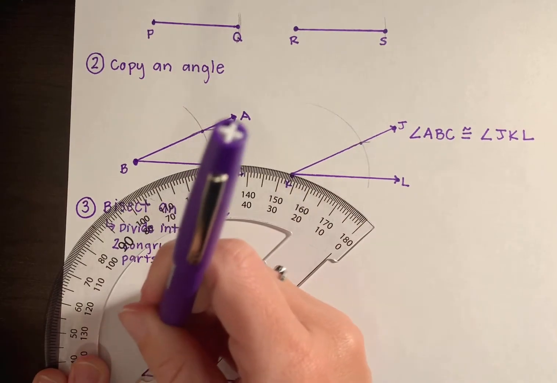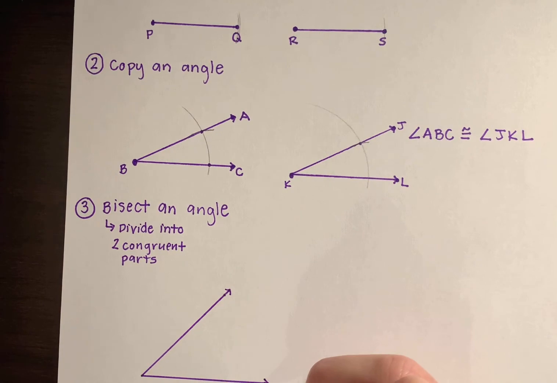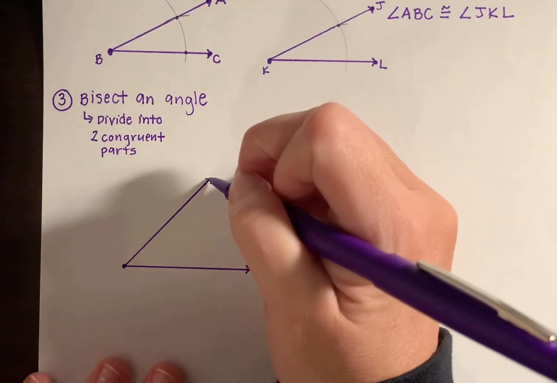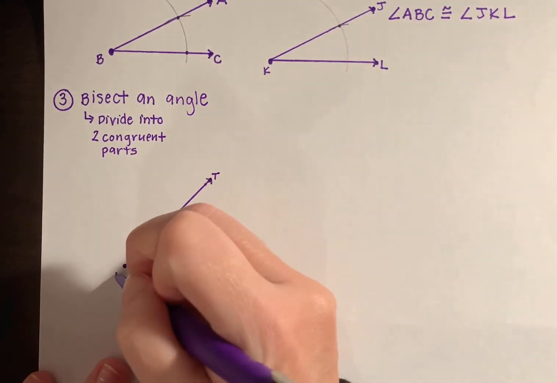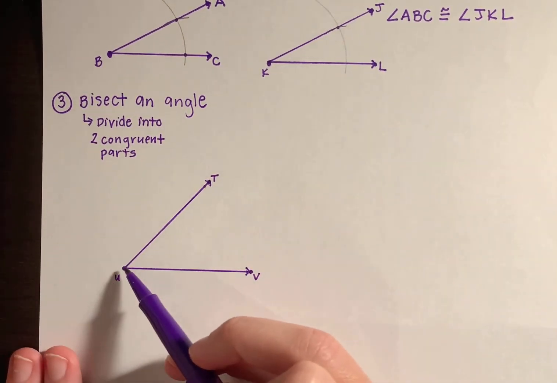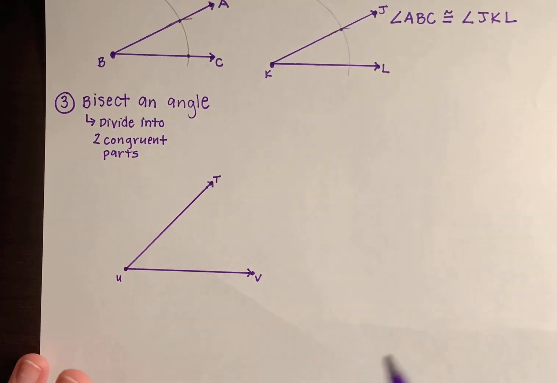Maybe something like, that looks pretty good. Okay. Let's see, I'll call this TUV. So I want to be able to cut this exactly in half. We're going to have this line going through, cutting it in half.